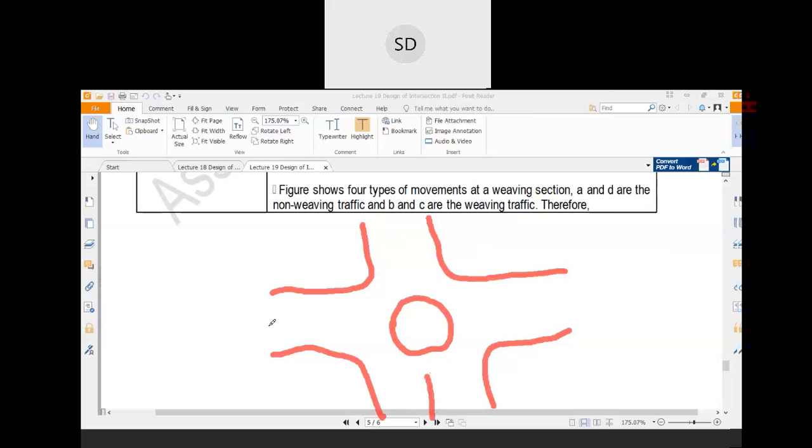Okay, so this is an intersection. Suppose these are the traffic medians or your channelizing island. Vehicle movement would be here in this direction, here in the opposite direction, here in this direction, and here in this direction.